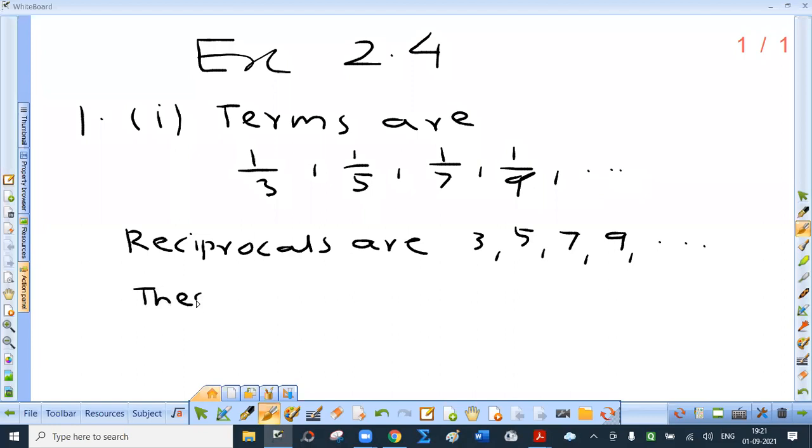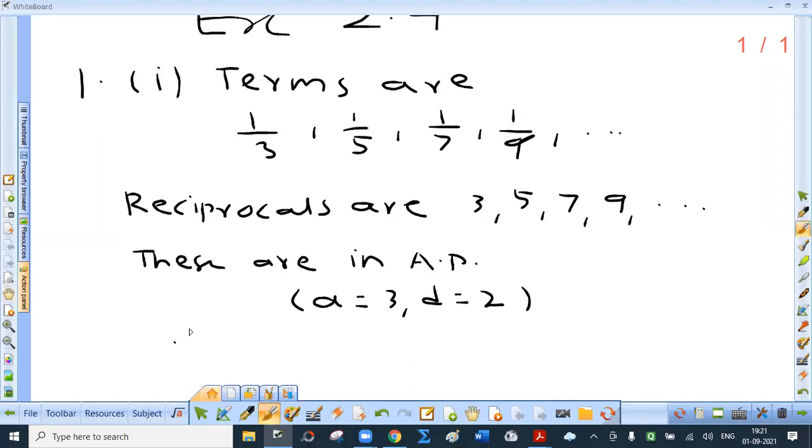These are in AP. Now you need not write that A is 3, D is 2, because we are not asked to find the nth term, right? Therefore, given sequence is HP. This much is sufficient.